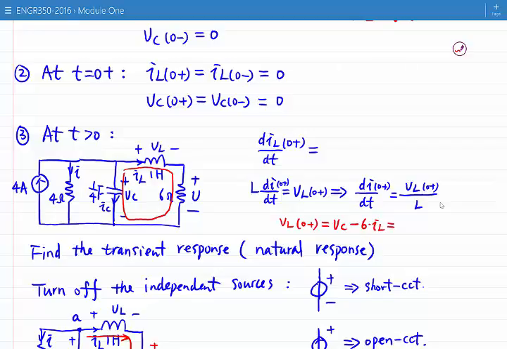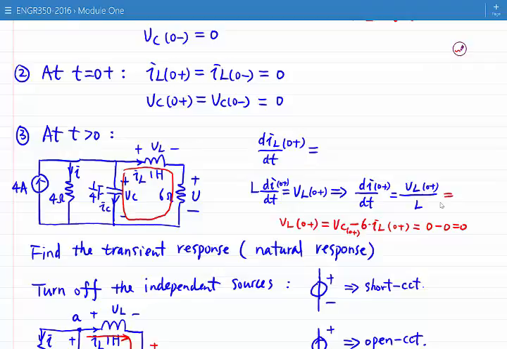So at 0 plus time, for VC at 0 plus, the initial condition is 0 minus. And 6 times IL at 0 plus, IL at 0 plus is also 0, so it is 0.